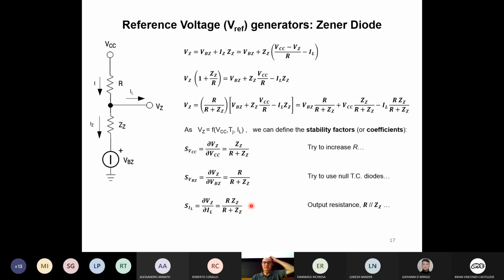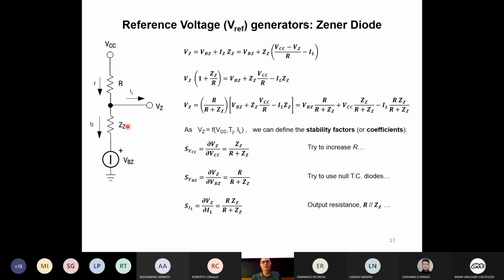Okay, so the last step is this one. It has to do with the variation of the output voltage when we change the current that we drain from our reference supply. This formula here represents the parallel between R and Zz.